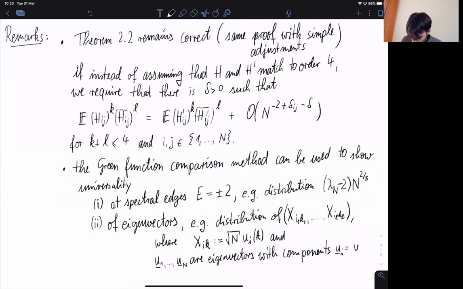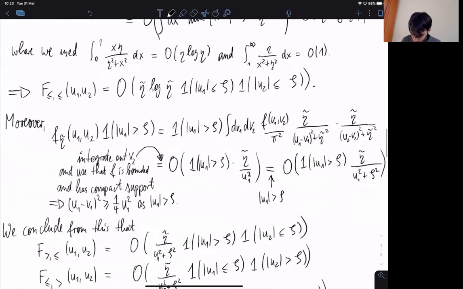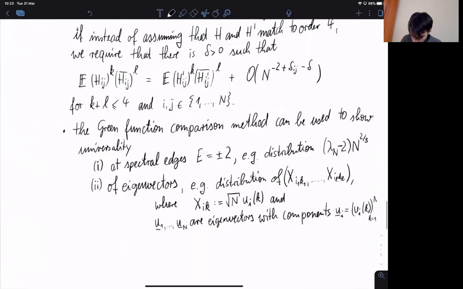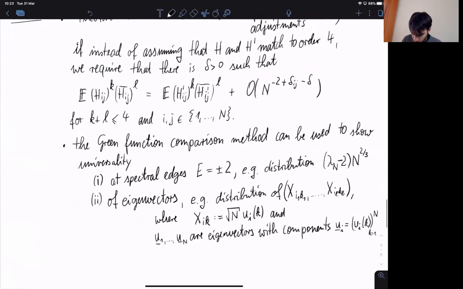So u_i has components u_{ik}, okay, running from 1 up to n.